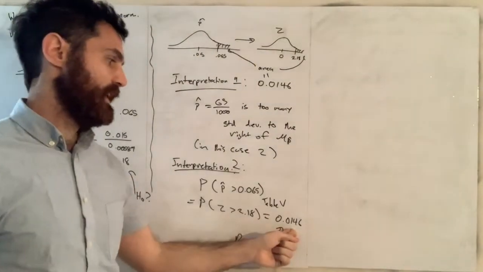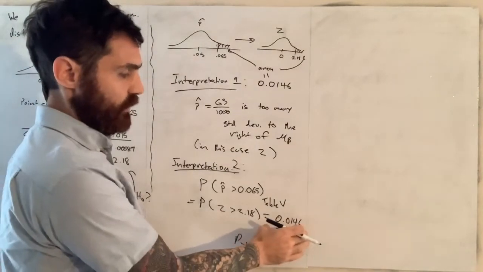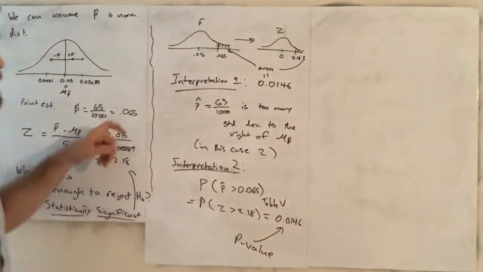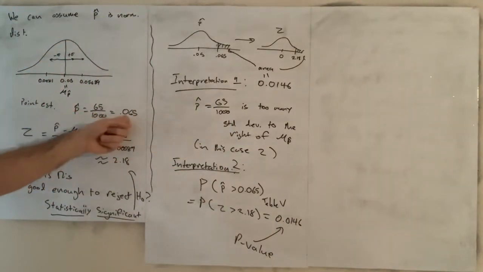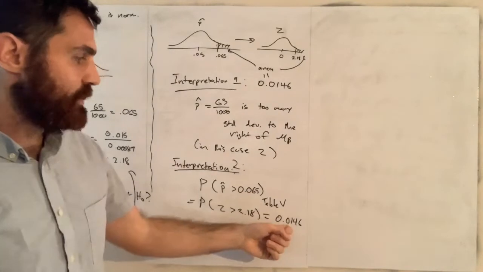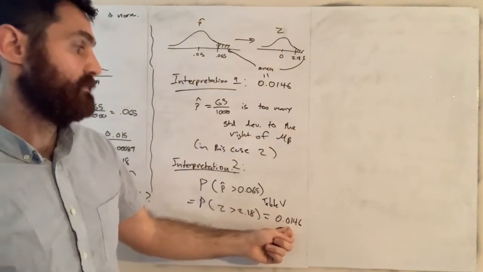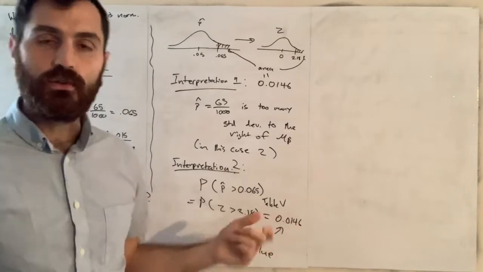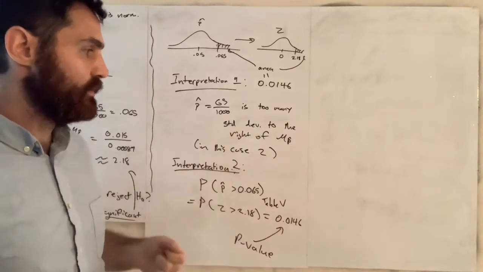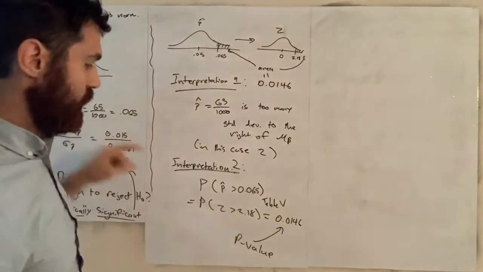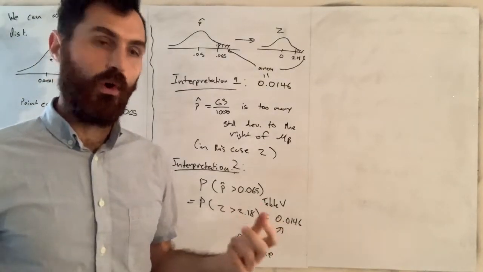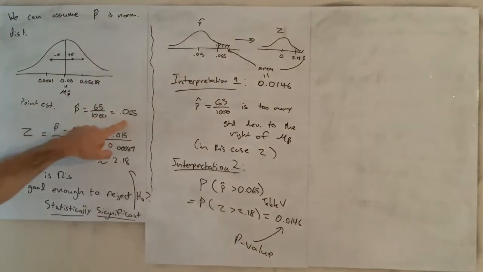And so what this is saying is that the likelihood of getting a sample that's going to give you an estimate of 6.5% is actually very, very small. It's between 1 and 2%. Or if you want to think of it like this, if we were to take 10,000 samples of size 1,000, only about 146 of them would give you this parameter.